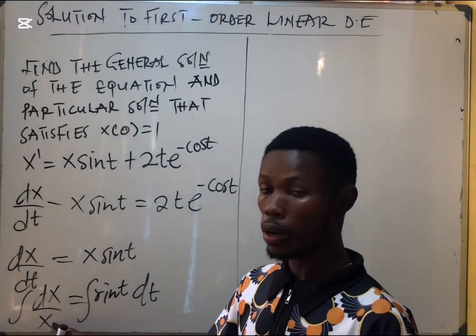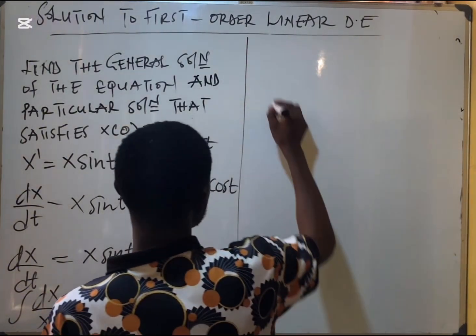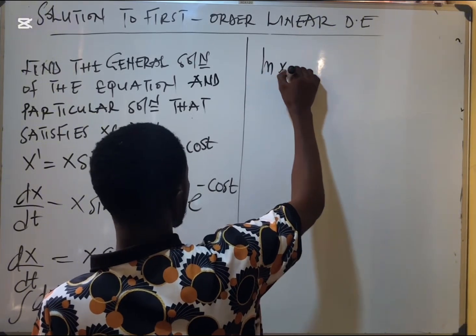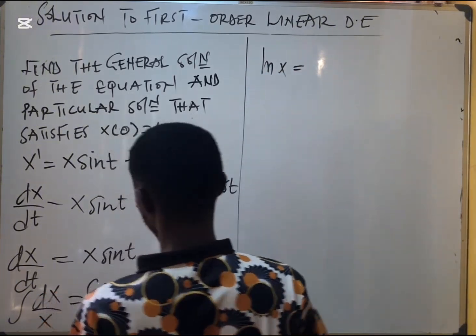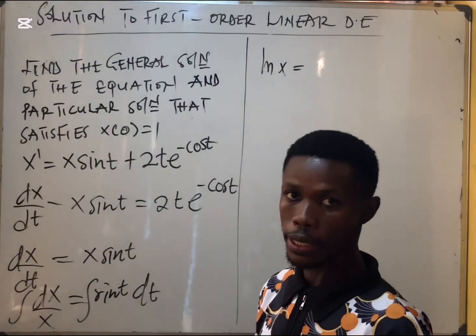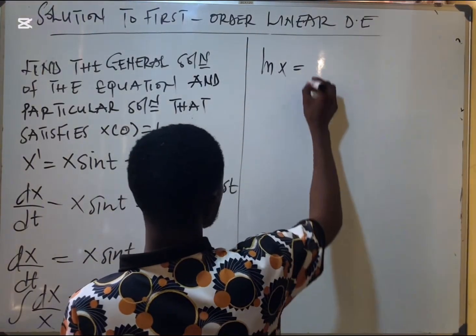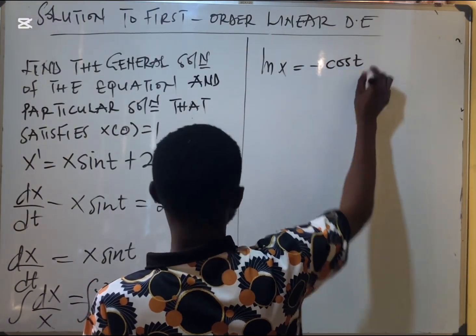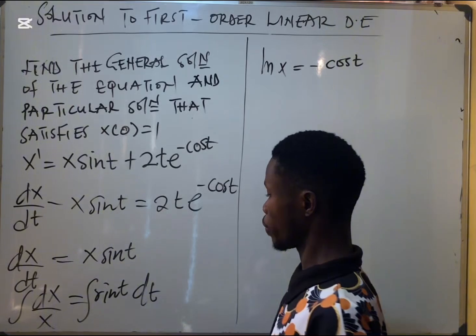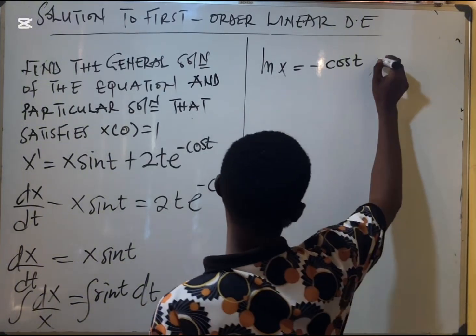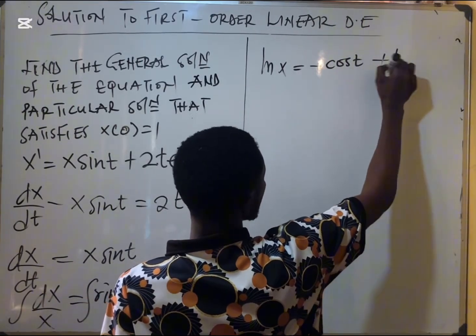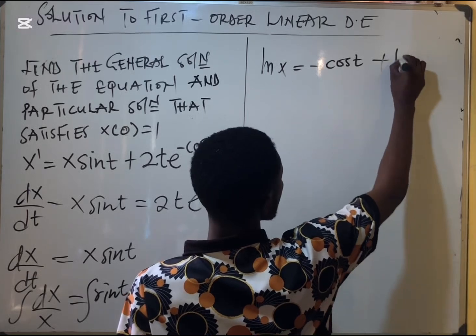If I integrate this, I'll get ln x. I have ln x equals, if you integrate sine t, you get negative cos t. So this one is going to give you negative cos t, and then plus ln c.